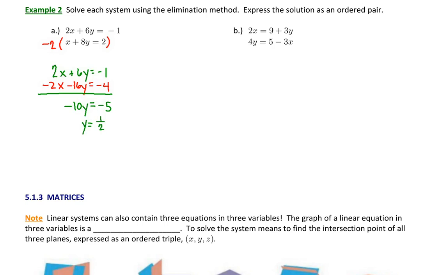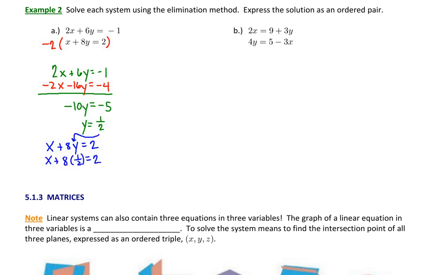So there we have half of our solution. Remember, our solution is an ordered pair. So at this point, the rest of the method is very similar to what we did with substitution. I'm going to go back to one of the two original equations and solve for x. Now, I think that second equation looks a little simpler, so I'm going to use that one. But remember, you can use either equation. And I'm going to take the known information, that is y equals 1/2, and plug it into this equation.